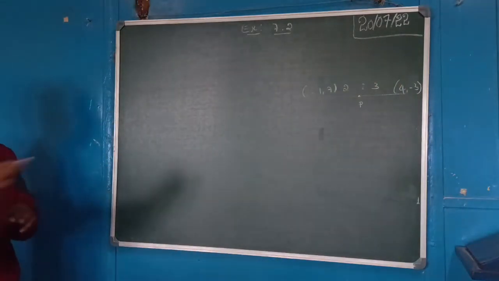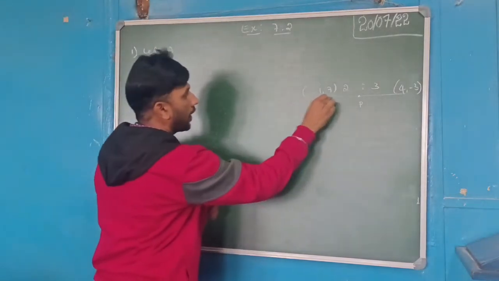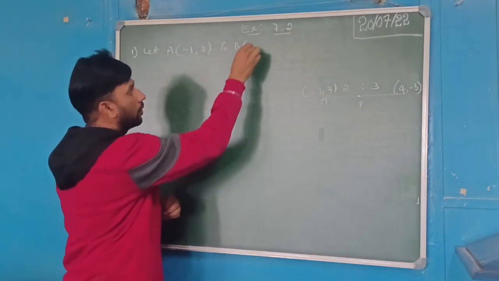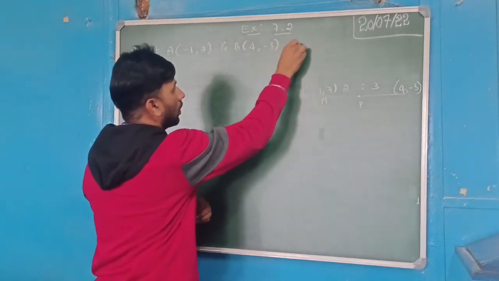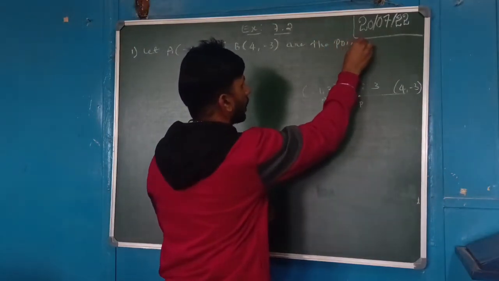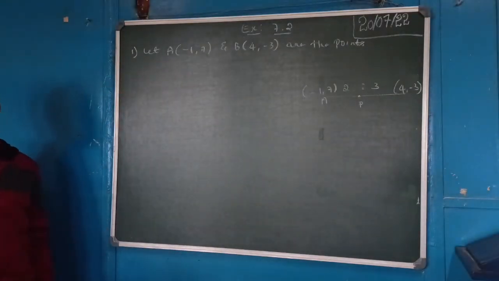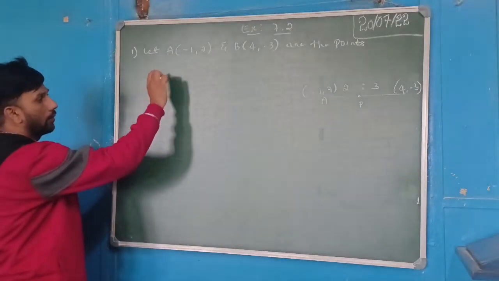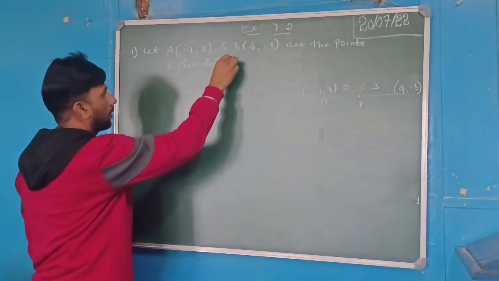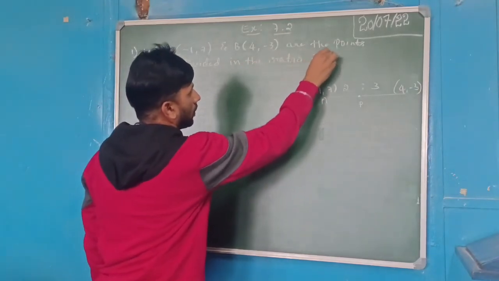Now, first very important point while writing: let A of (-1, 7) and B of (4, -3) be the points, and they are divided in the ratio 2:3. We need to give some names, no? So we write: let A of (-1, 7) and B of (4, -3) be the points, dividing in the ratio 2:3.